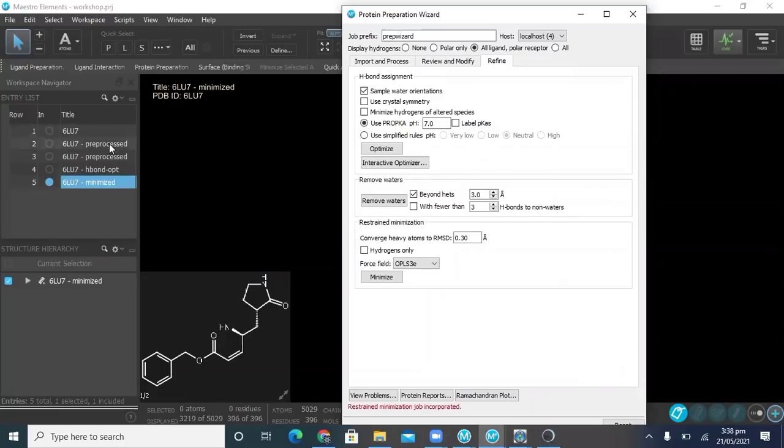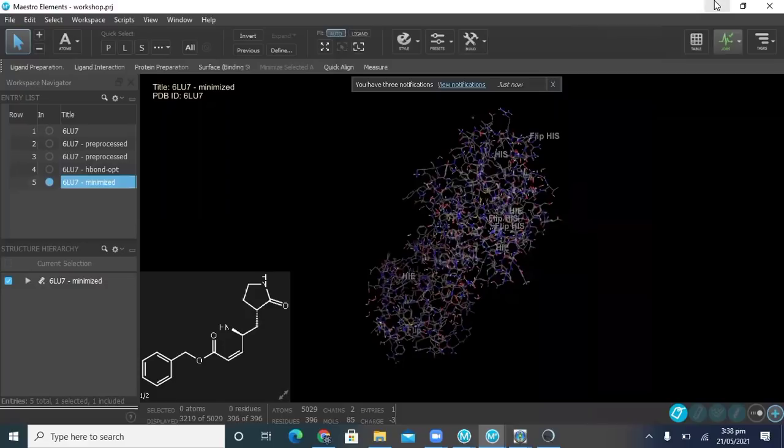These are the pre-processed files that are forming, and I will show you where these files are kept. So after the minimization process, now we will move towards system preparation. I can show you the files.